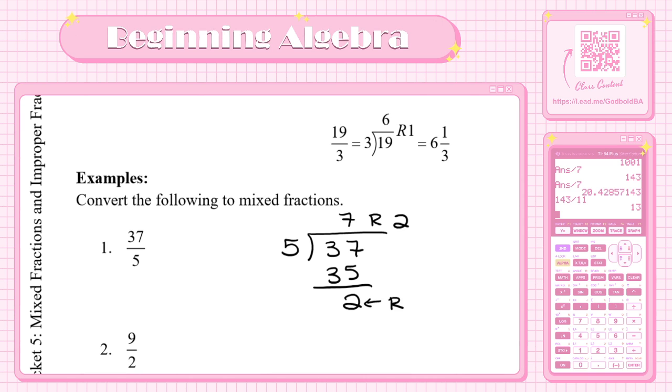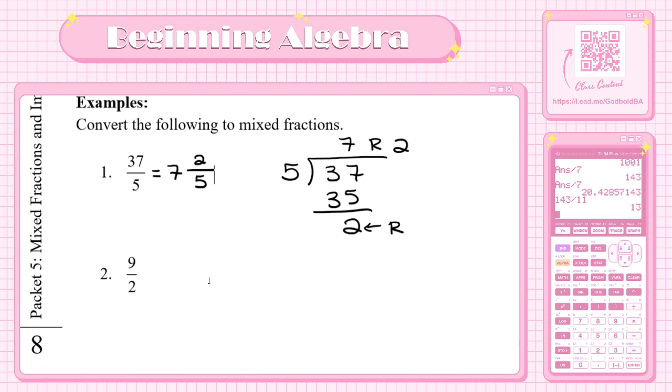So I know y'all can't see what's going on, but behind where it says Beginning Algebra, I have all my pens, and the one in the quick bar is not the pen I wanted, it's the fat one. So anyways, the 7 is my whole part. The remainder is my numerator, and then the denominator stays the same.